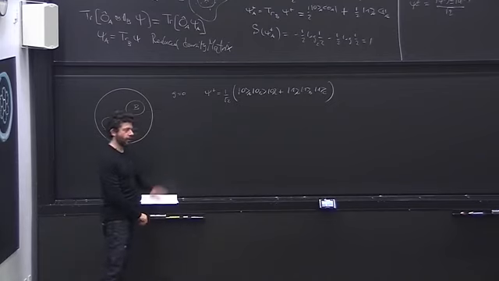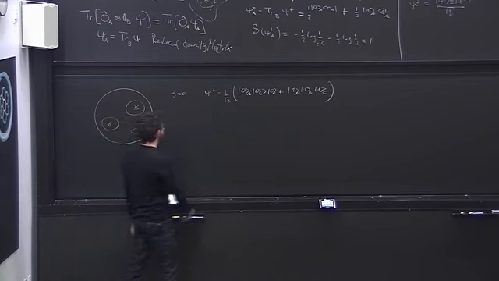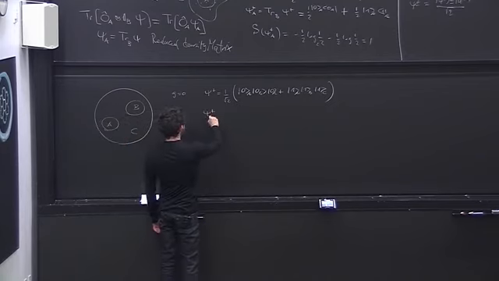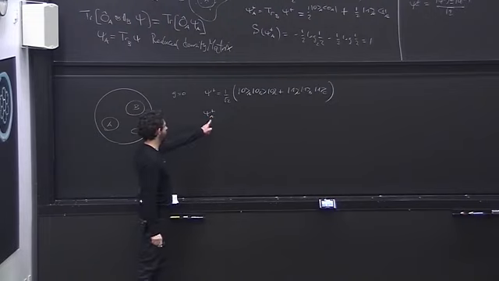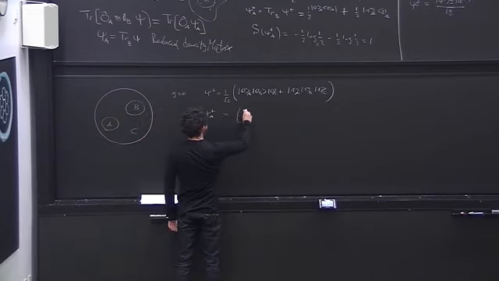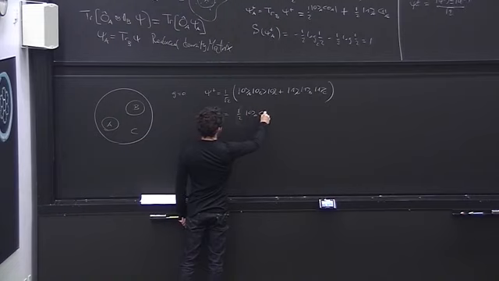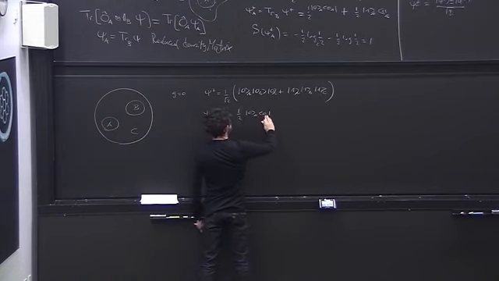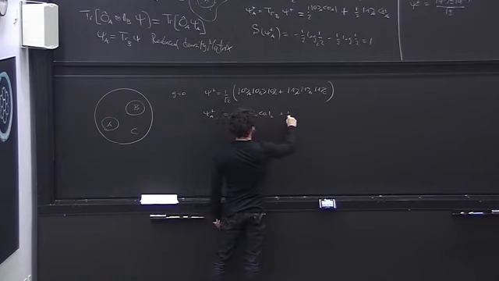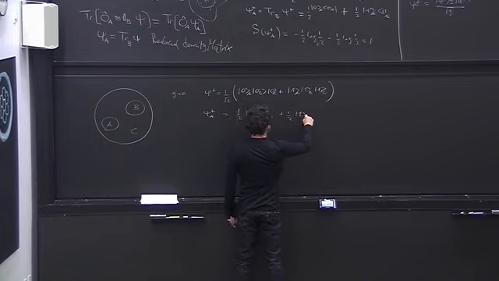And by the same token as before, every time I take the reduced density matrix, so I trace out B and C, then I have 1/2 |0_A><0_A| plus 1/2 |1_A><1_A|.